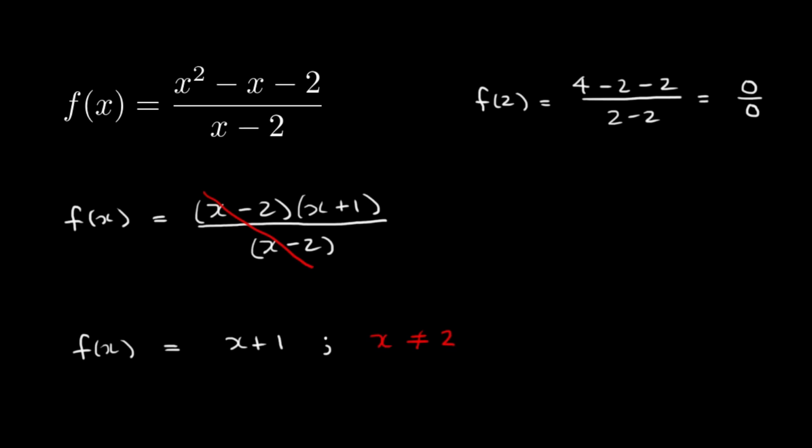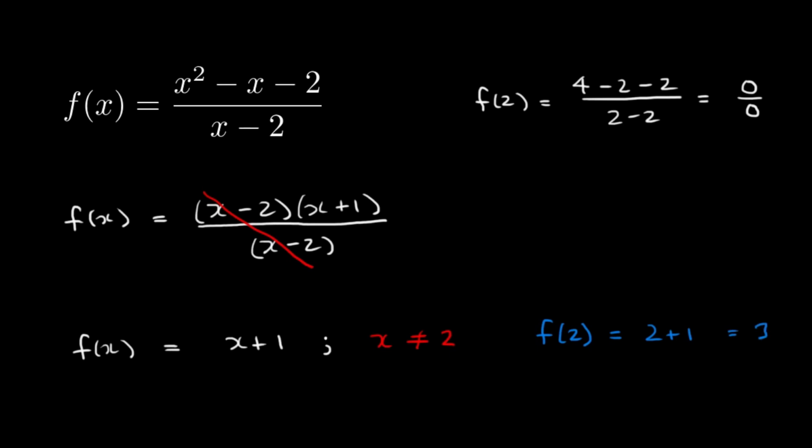And what's a little bit confusing, if we look at our f of x equals x plus 1, it looks like we can put in our x value of 2 down here in the simplified version, right? It looks a lot like we can just say, hey, 2 plus 1 gives me 3. So isn't the y value of this function equal to 3?